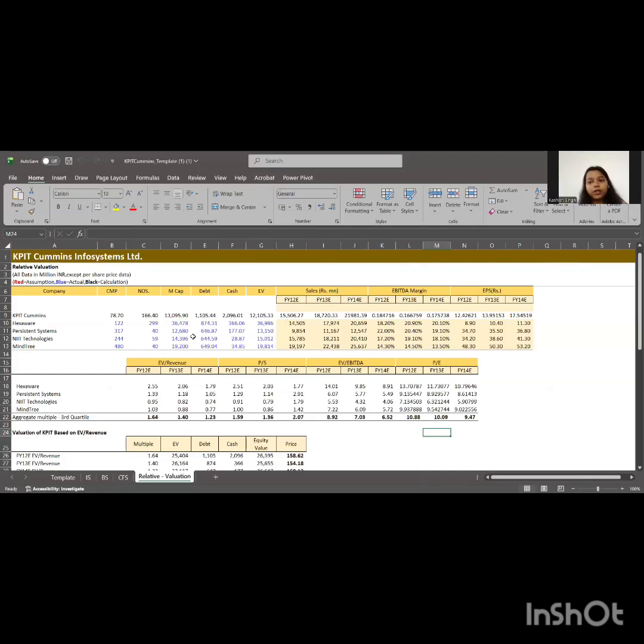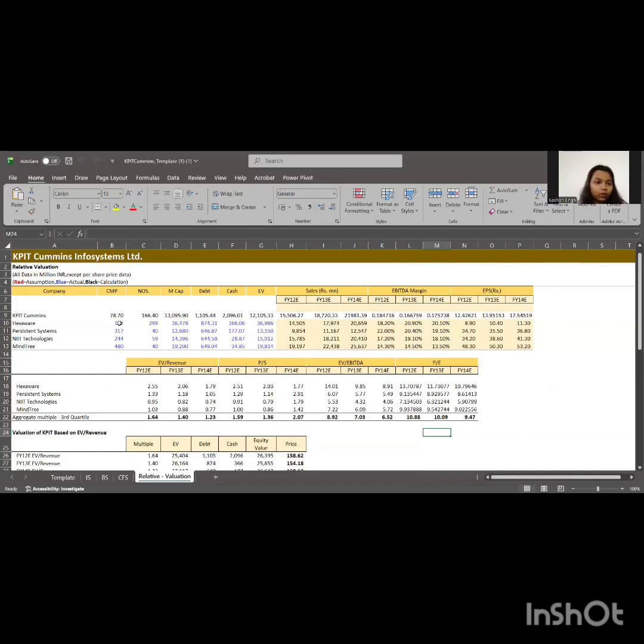CMP stands for current market price. This is the stock price of KPIT as of the valuation date. It's usually entered manually in this sheet. It's shown in blue because blue indicates actual data from the market.